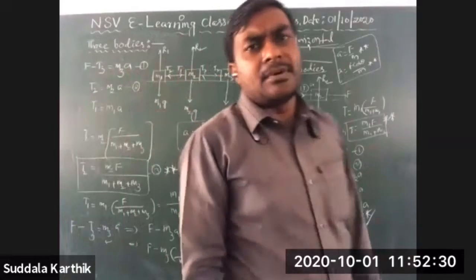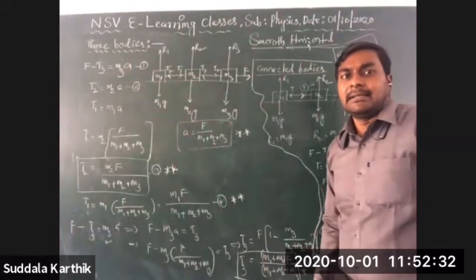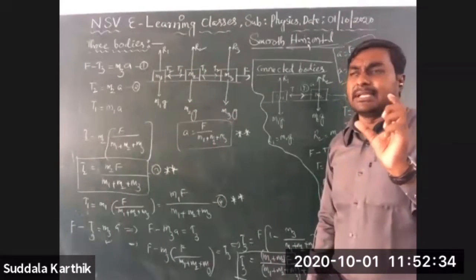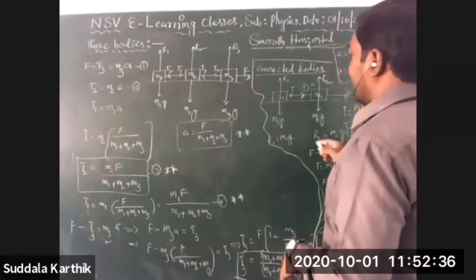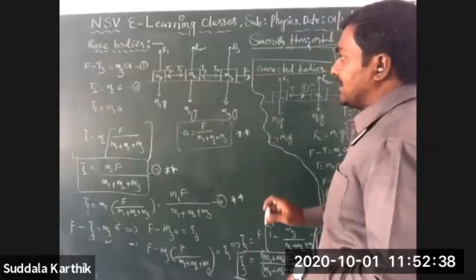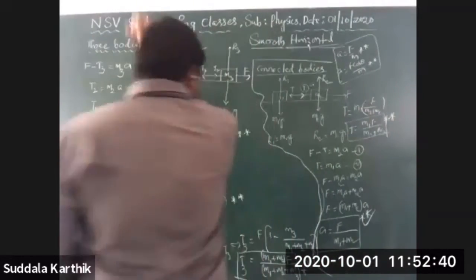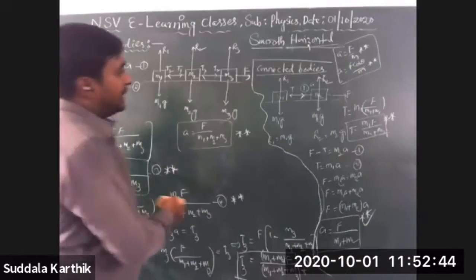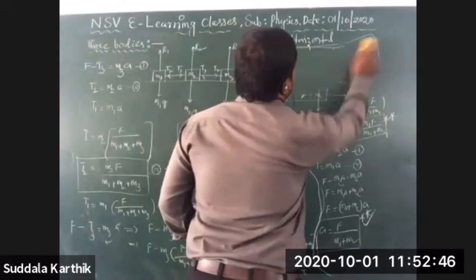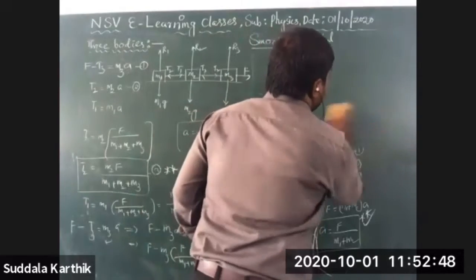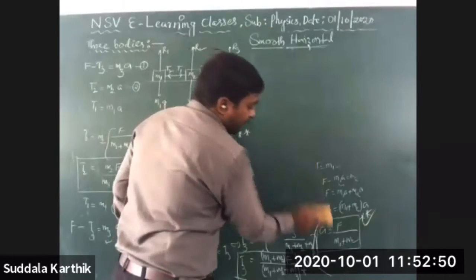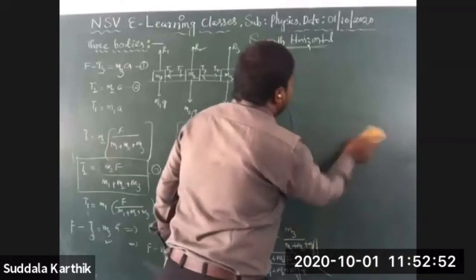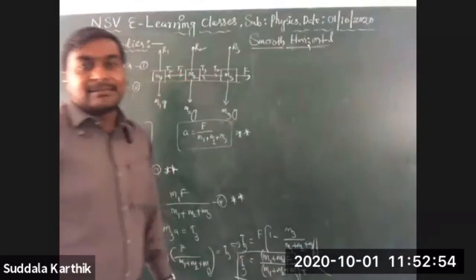Very, very important, interesting, and a little bit of confusion is also there, Nana. I am writing all the formulas at one place, Nana. Because if the rough surface is entered, then automatically you will get more confusion.